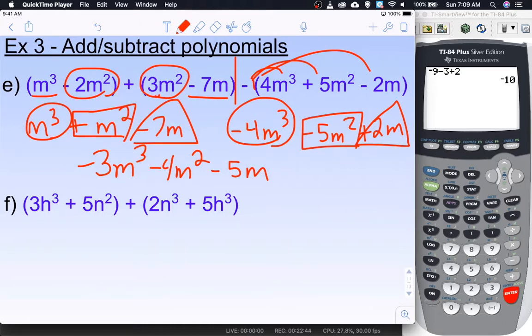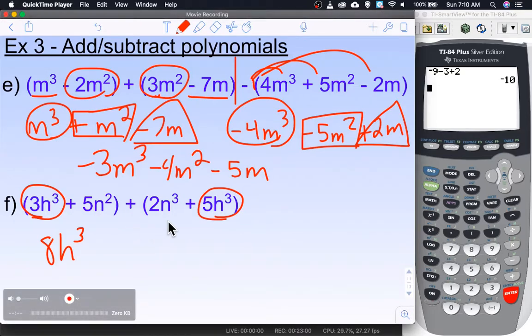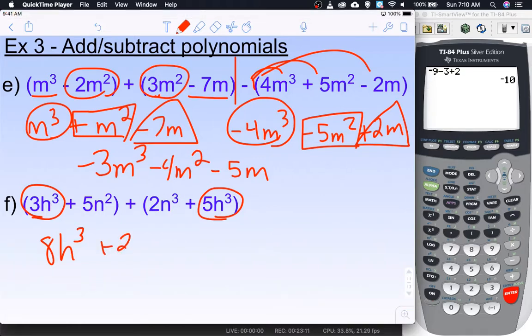Letter F, it's addition. So I see I have h cubes and h cubes, giving me 8h cubed. Out of my n's, these actually cannot be added together because this is an n cubed, to the third power. This is an n to the second power. So I'm going to pick the one that has a bigger exponent and just put them first. And then the 5n squared would come last.